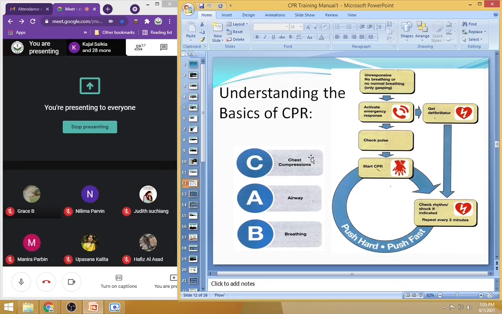If you see someone unresponsive, then chest compression, airway clear, then breathing. So CAB. If you see someone who is unresponsive or not breathing, or no normal breathing or abnormal gasping, then we have to activate the emergency response.